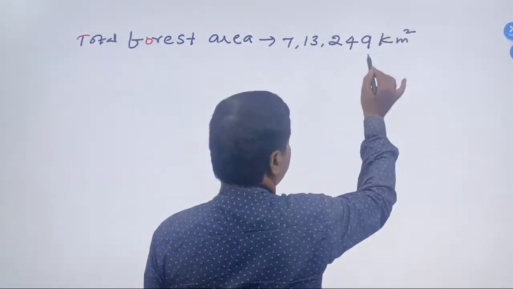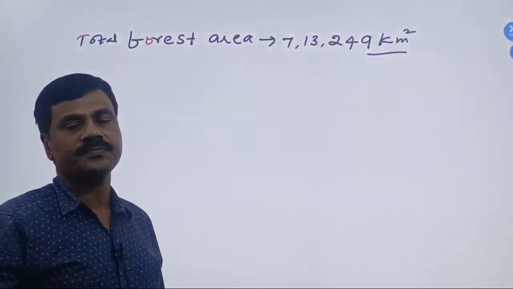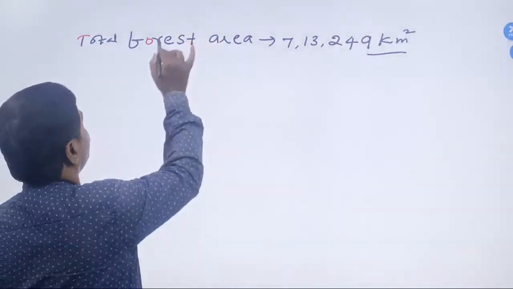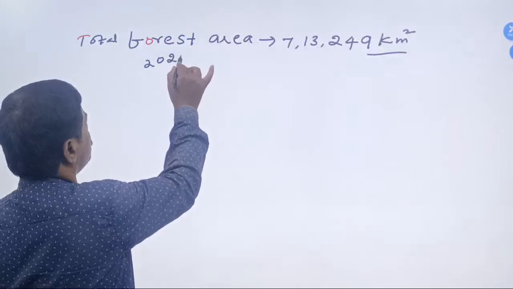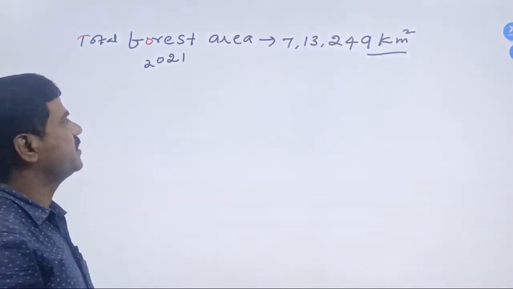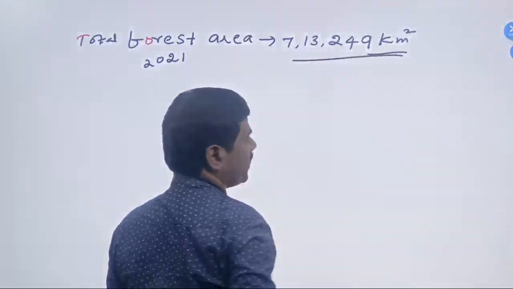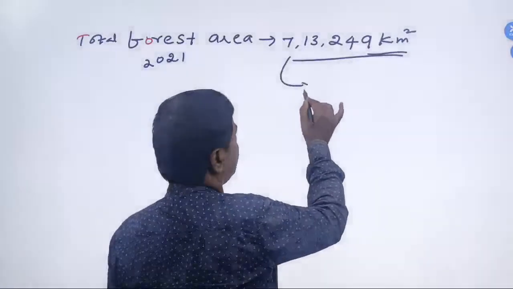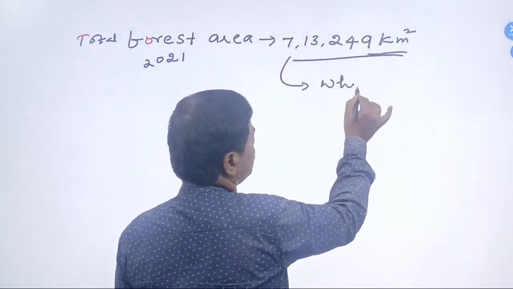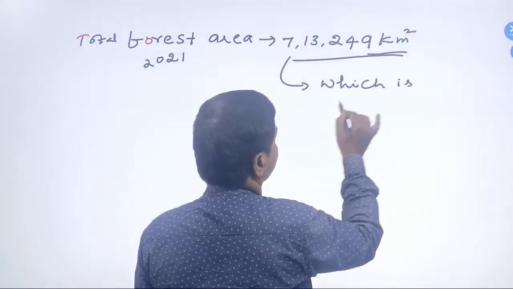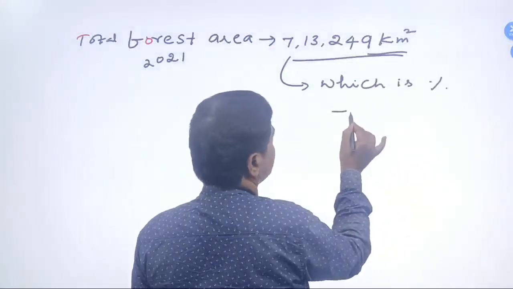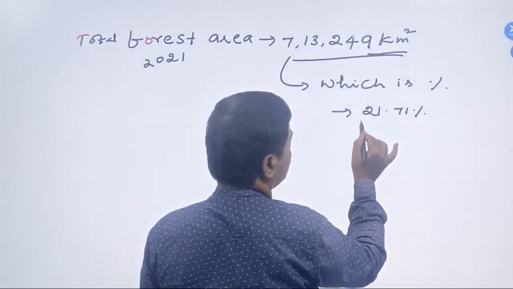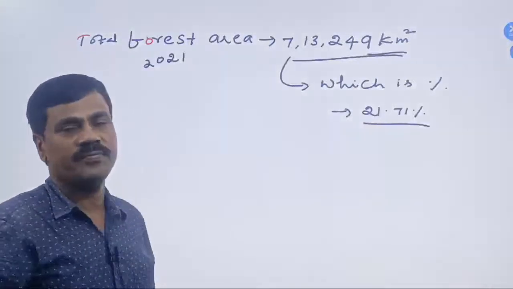This is the updated forest area in India, in the 2021 17th census. 7,13,249 square kilometers, which in percentage is equal to 21.7% of the total area of India.